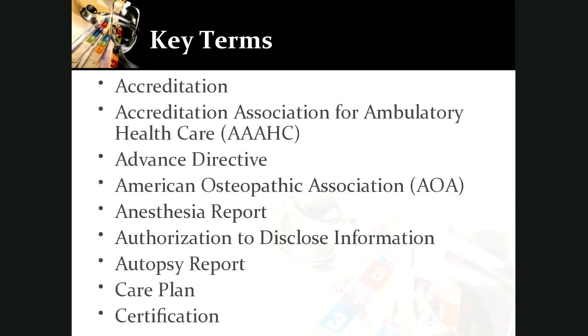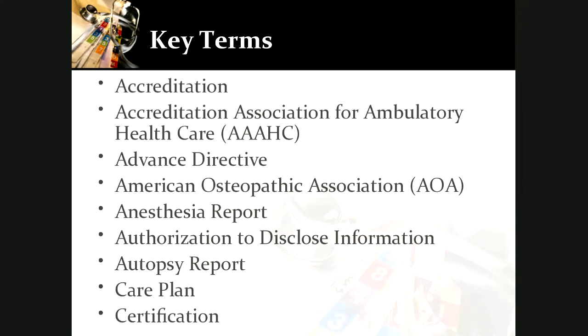Our key terms that I want you to know about in this chapter would be accreditation, Accreditation Association for Ambulatory Healthcare. Wonder which type of records that would be for, right? An advanced directive, what is it? American Osteopathic Association.